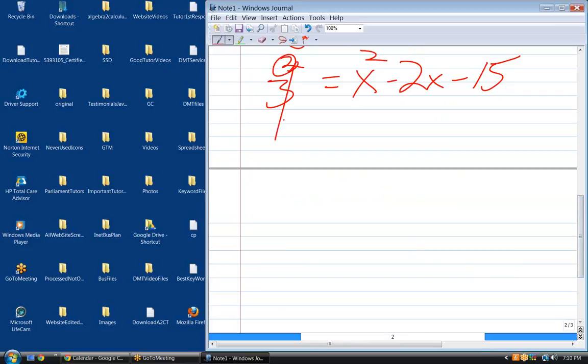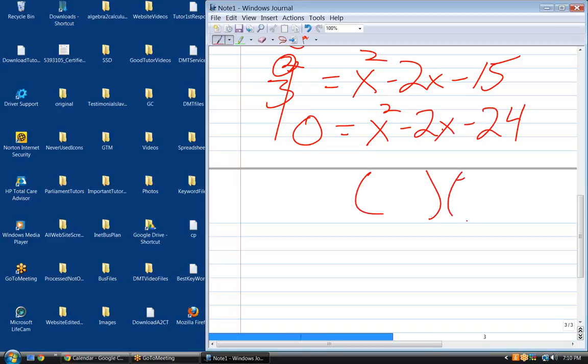9 equals x squared minus 2x minus 15. Yeah. Subtract 9 and do 7. Okay, what next? Factor.